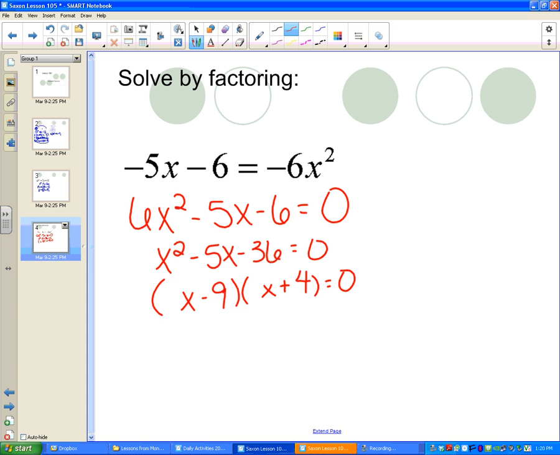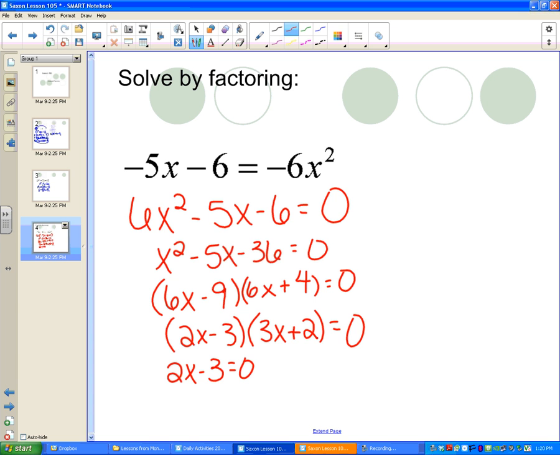Do you agree so far? And then you have to replace a 6. Do you agree? Now what? Right.